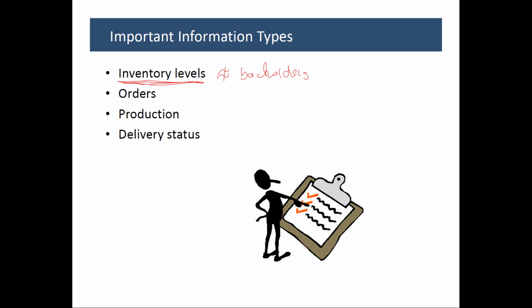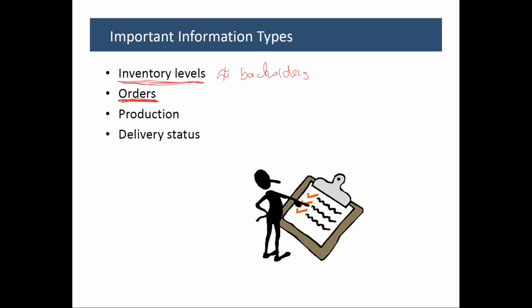What we have also seen in the supply chain game is that orders are very important. Orders are the information that arrives at our suppliers and also ourselves as being part of a supply chain. So this is the order size that you had to decide upon within the game. That gives very important information.